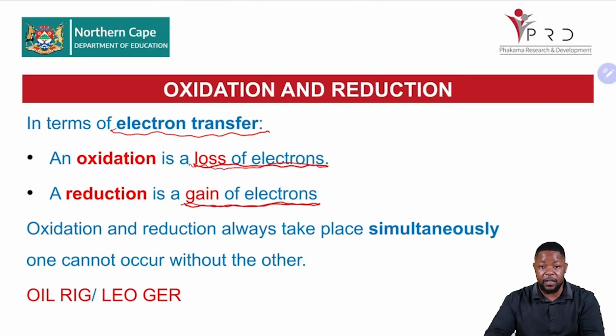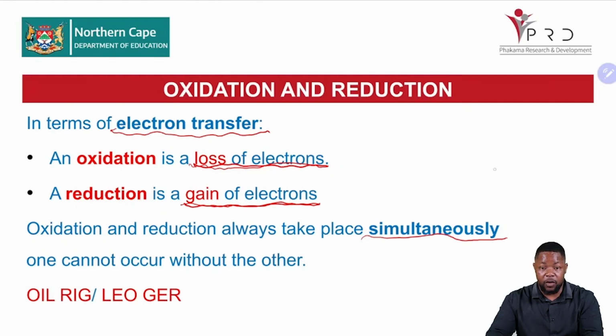So if the examiner says define oxidation in terms of electron transfer, oxidation is the loss of electrons. If the examiner says define reduction in terms of electron transfer, reduction means the gain of electrons. Oxidation and reduction always take place simultaneously, and one cannot occur without the other.